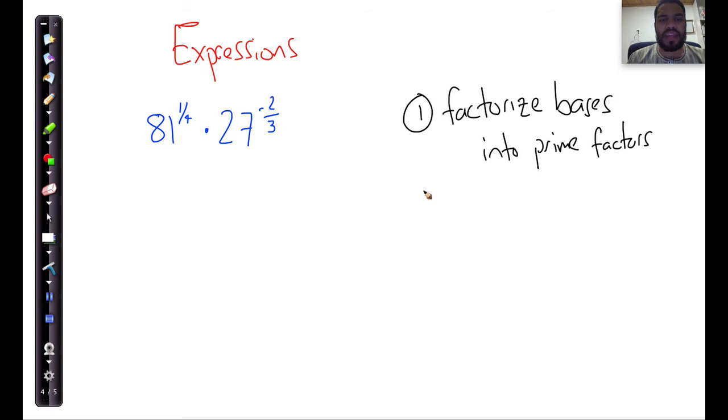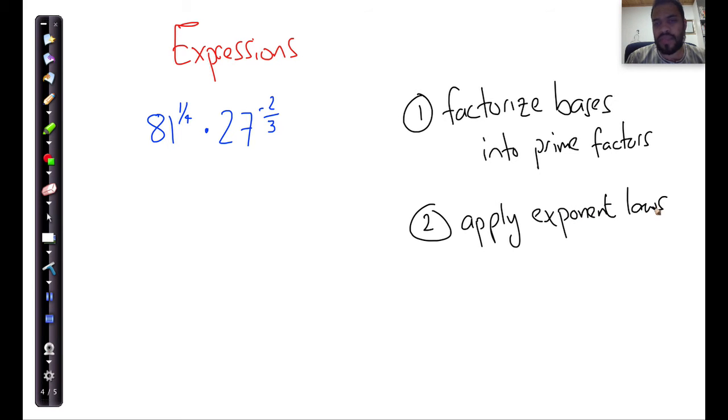And then secondly, I need to apply the exponent or indice laws. Okay, so let's do this.